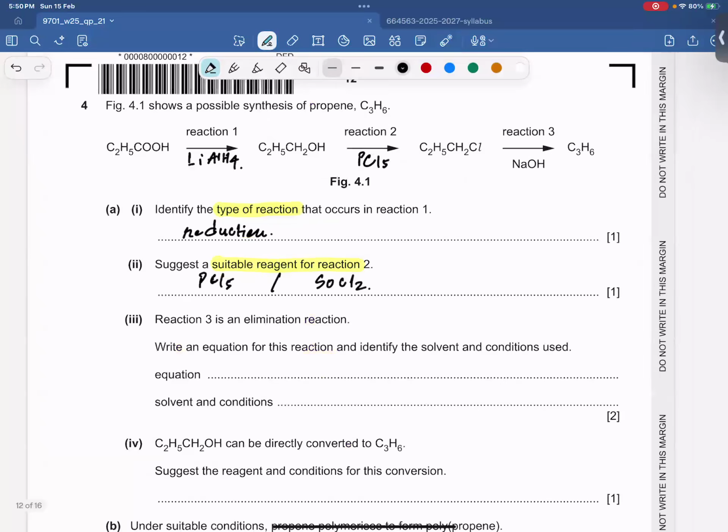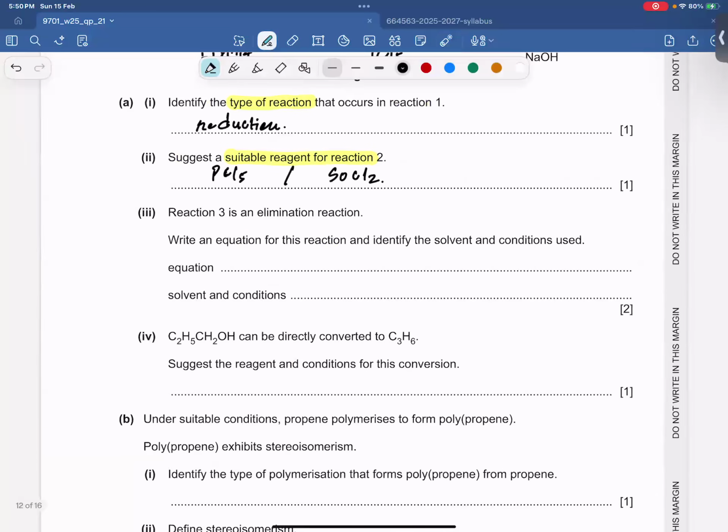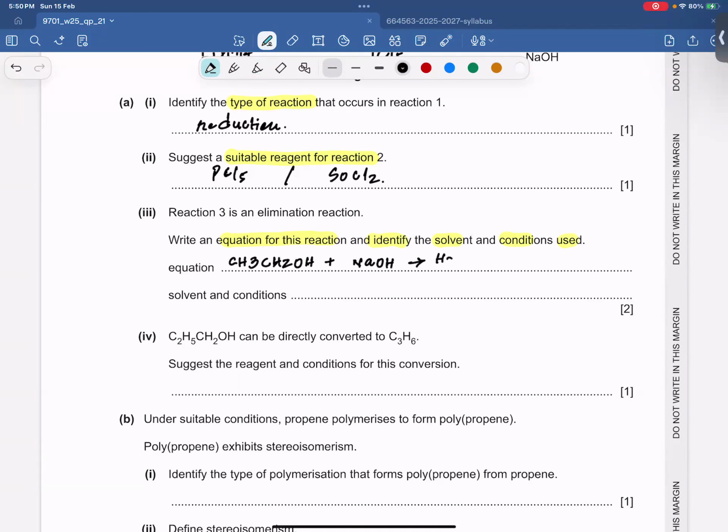Reaction 3 is an elimination reaction. Write an equation for the reaction, identify the solvent and condition used. Equation: ethanolic solution of NaOH needs to be used for elimination according to my lecture, which we have done in theory classes. So you will get water and sodium ethoxide, if you remember.